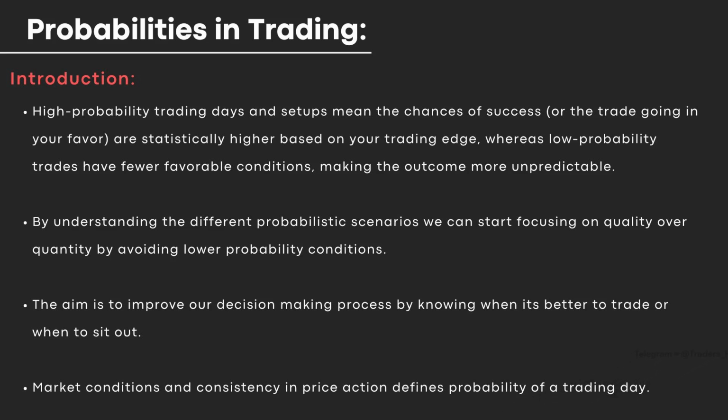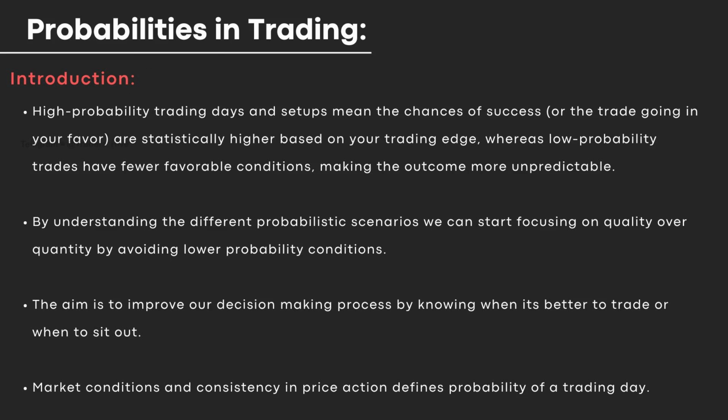Now, the metric of how often you would win or how often you would lose over a large sample size of data is what we call probability. It's not certain, but you've got to trust your system no matter what. And the only way your performance can be close to the edge is if you consistently execute your system without any inconsistency, inefficiency, and mistakes. Otherwise, there's going to be a discrepancy in the data, which would lead to suboptimal performance. This is simple maths, nothing too complicated.